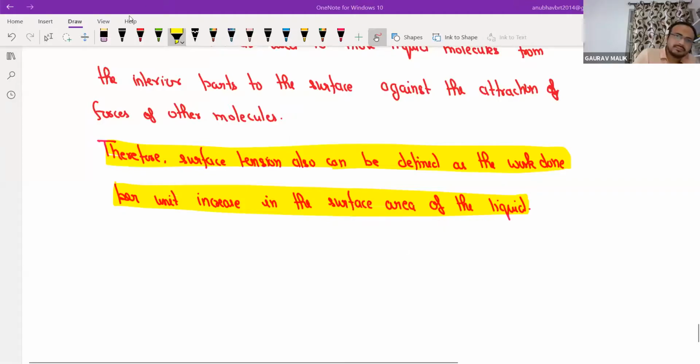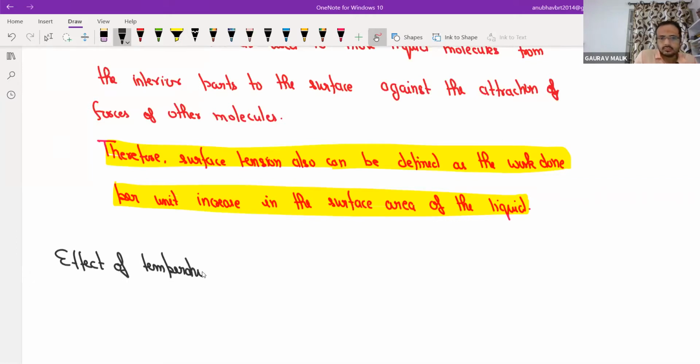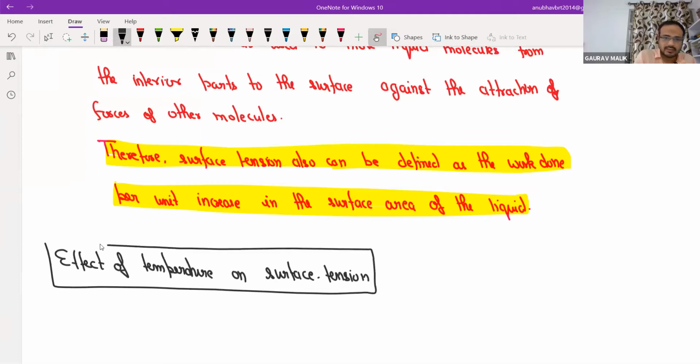So write down next, the effect of temperature on surface tension. And surface tension is a newly added part in the GATE 2021 syllabus.